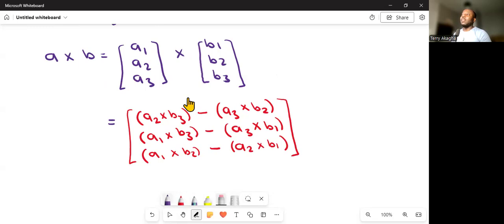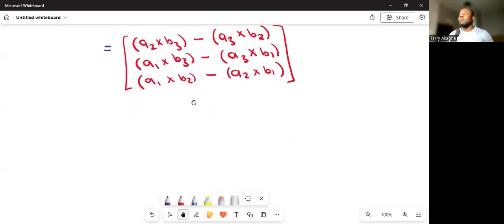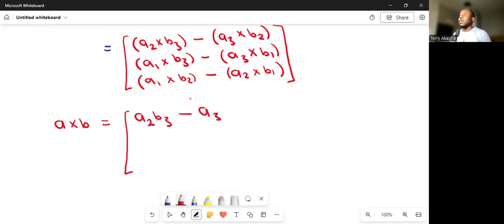So then we can easily say that if we're finding the cross product for a three-dimensional vector, we can say that A times B will be equal to A2B3 minus A3B2, A1B3 minus A3B1, and A1B2 minus A2B1.